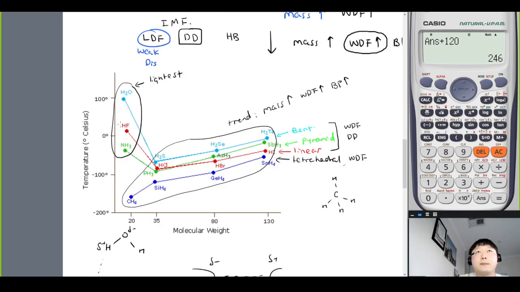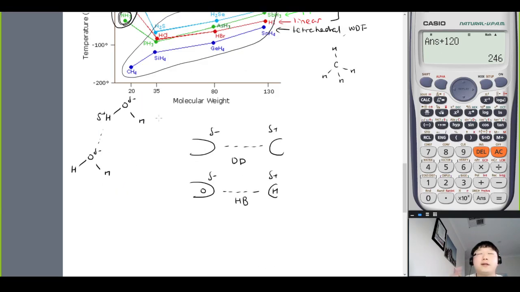Yeah, it defies this trend. So it's the lightest, but it has the highest. It's got hydrogen bonding, which is a very strong intermolecular force, and therefore the boiling point is the highest in its group. You can see that the red one here is the highest among its group, and ammonia is slightly below this SbH3, but is still higher than this one and this one, right?